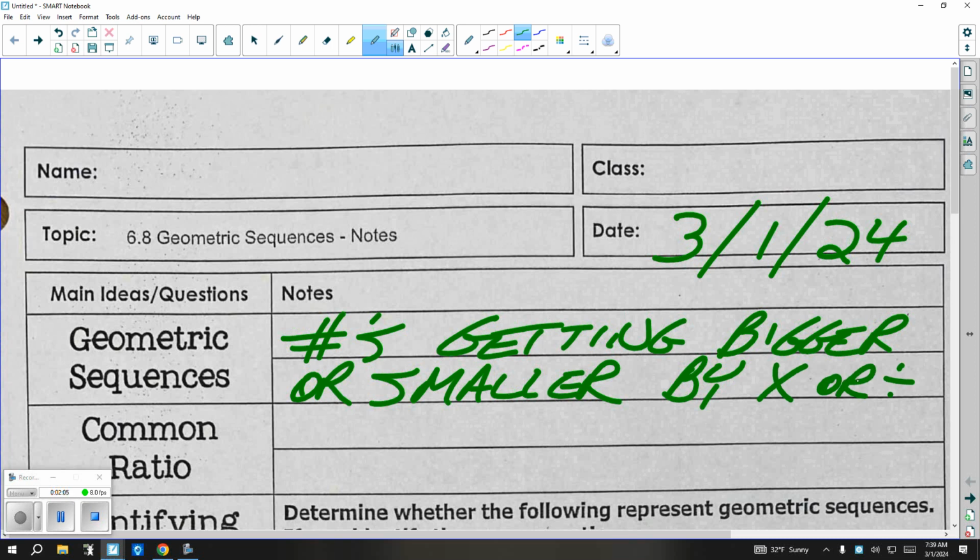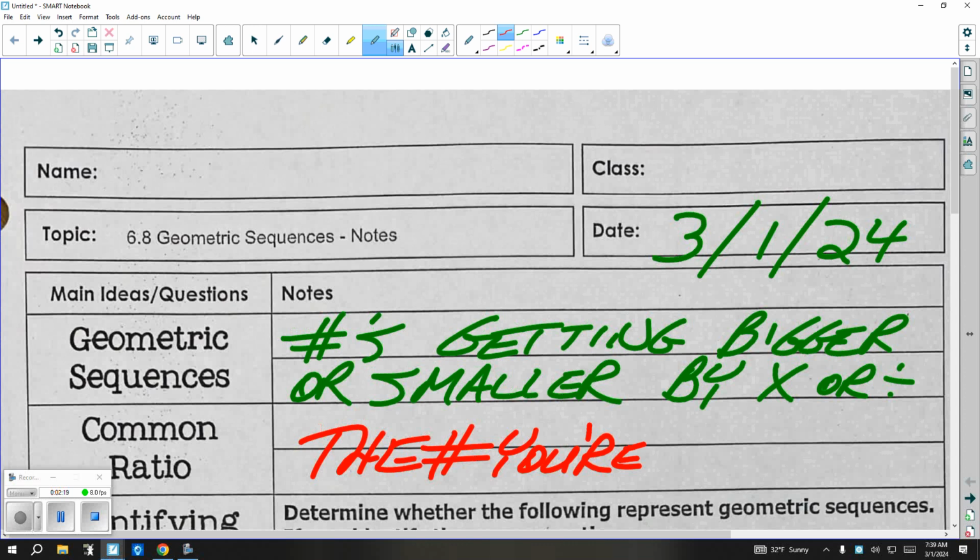And the common ratio is the number you're multiplying or dividing by, okay? So that is a geometric sequence. The numbers getting bigger or smaller by multiplying or dividing. And the common ratio is the actual number that you're multiplying or dividing by. Okay, let me show you some very basic ones.